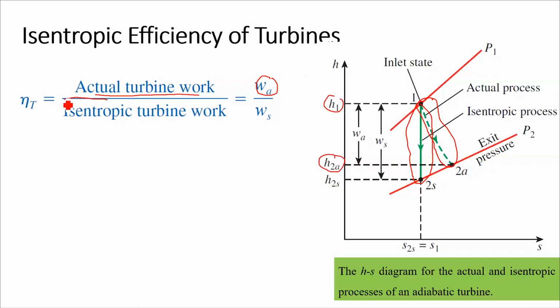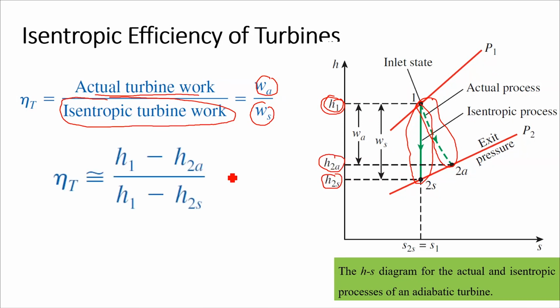The isentropic work, which is the maximum turbine work you will get, is WS, the difference between H1 and H2S. So the isentropic efficiency of a turbine is H1 minus H2A, the actual work you get out of the turbine, divided by H1 minus H2S, the isentropic work.